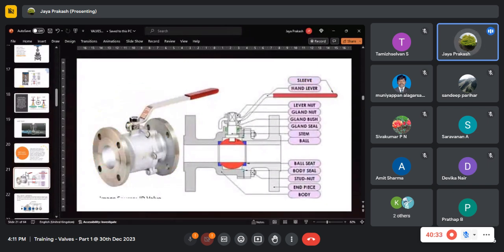And next is the ball valve. Instead of linear motion, it has rotary motion.